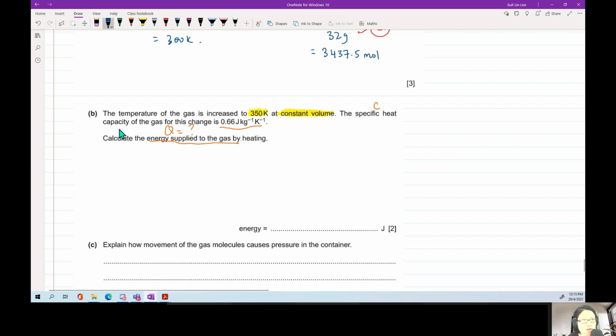Okay, so you're going to start off with the first law of thermodynamics. Delta U, change in internal energy, is Q plus W. Okay, my friend, constant volume, W is 0. There is no work done if the volume is constant.